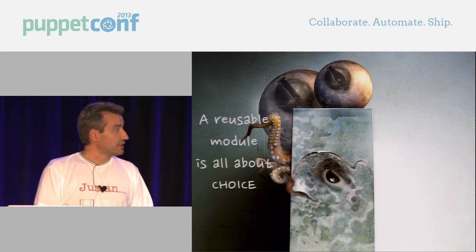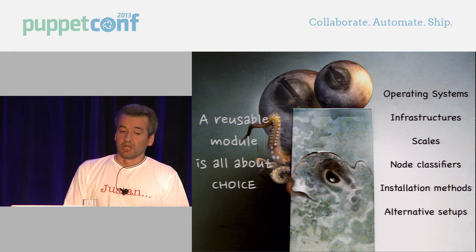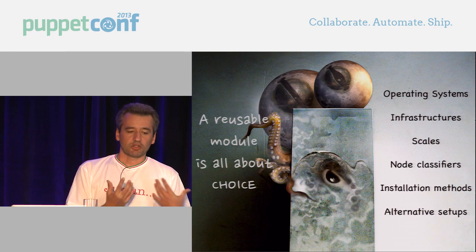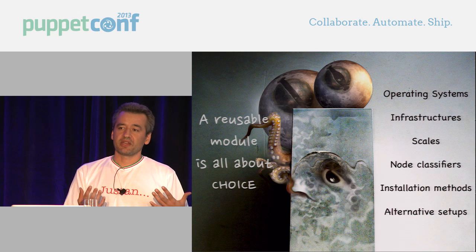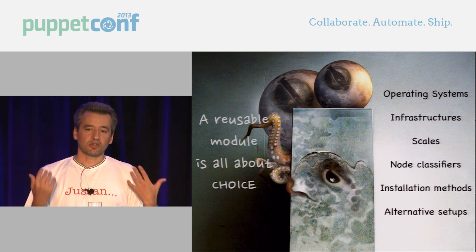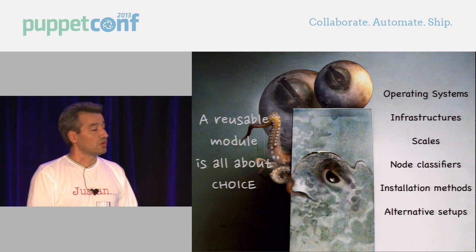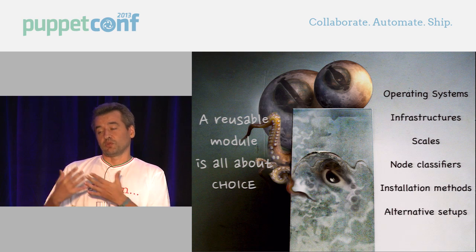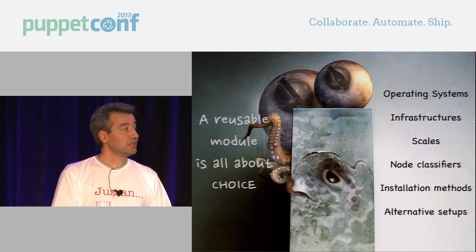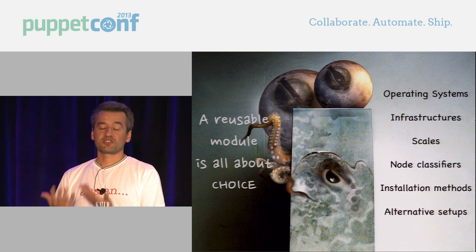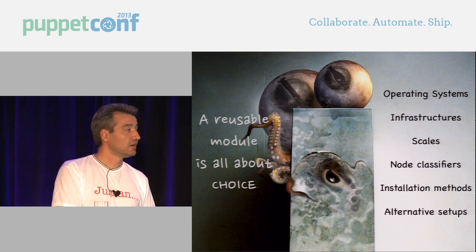Now, talking about a reusable module. According to me, a module is really reusable when it allows you total freedom of choice on how to do things. So you can have a module that works on different operating systems, on different kinds of infrastructures of different scales.